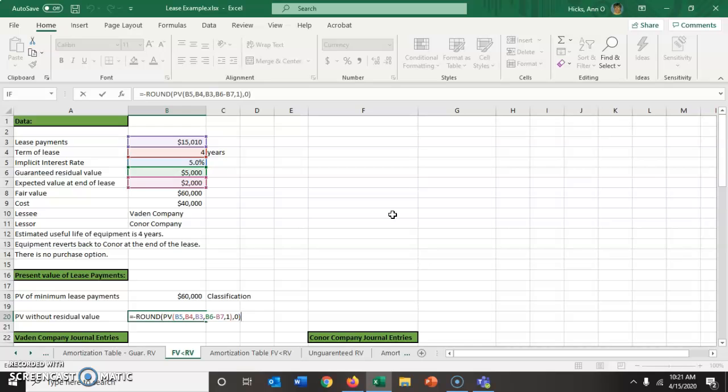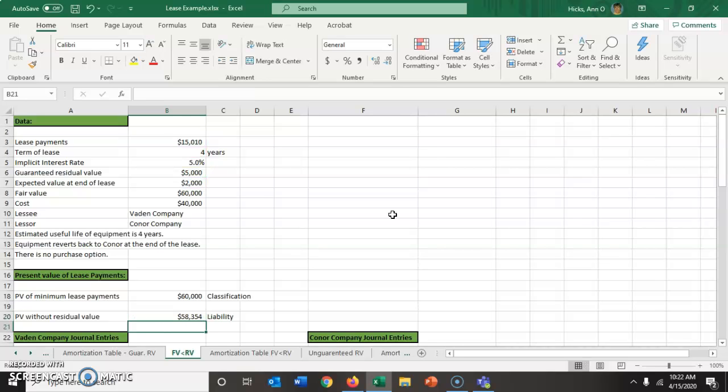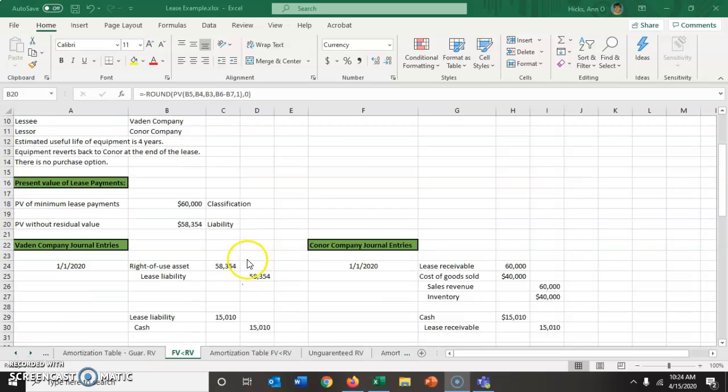In that case, we're going to include in our calculation only the payments that we think the lessee will end up having to pay, which means we will include the $3,000 difference between what we're guaranteeing and what we expect the equipment to be worth, which means in this scenario, we come up with a little bit higher value for the liability, $58,354. So let's look at the entries.